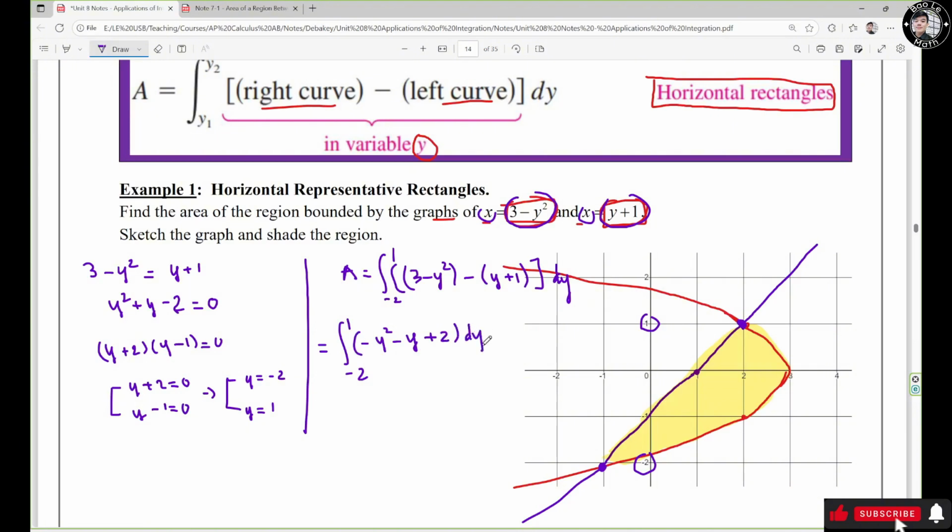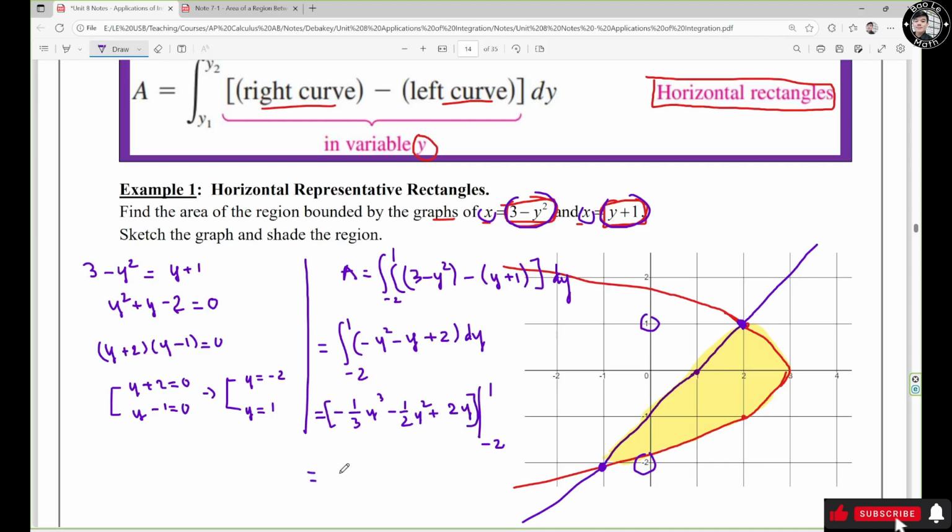Now take the antiderivative: -1/3 y cubed minus 1/2 y squared plus 2y, evaluated from -2 to 1.